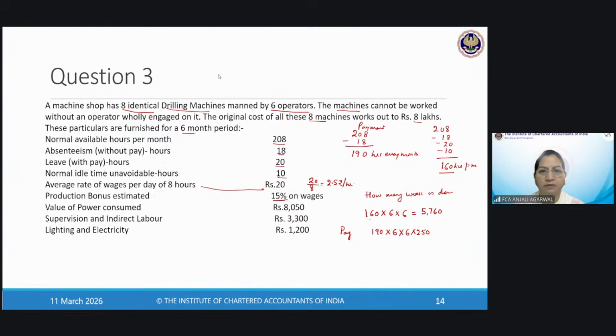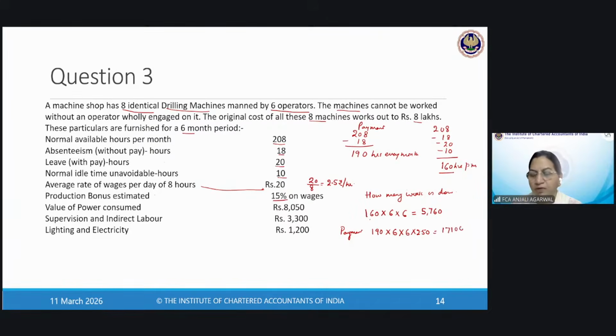So 190 into 6 into 6 into 2.5. So the wages paid for the workers comes out to be 17,100.